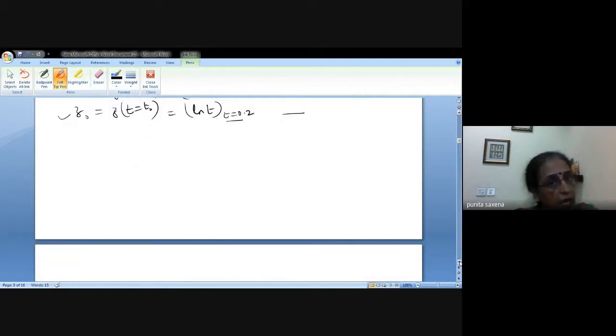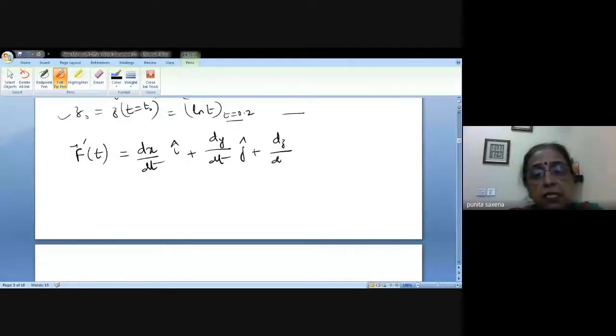Now, to find those a, b, and c, since they're going to be the corresponding things for the tangent vector, and tangent comes from the derivatives, what we'll have to do is find f dash t. And what will that be? That will be nothing but dx/dt i plus dy/dt j plus dz/dt k. And what was your x? Your x was e to the power 2t.